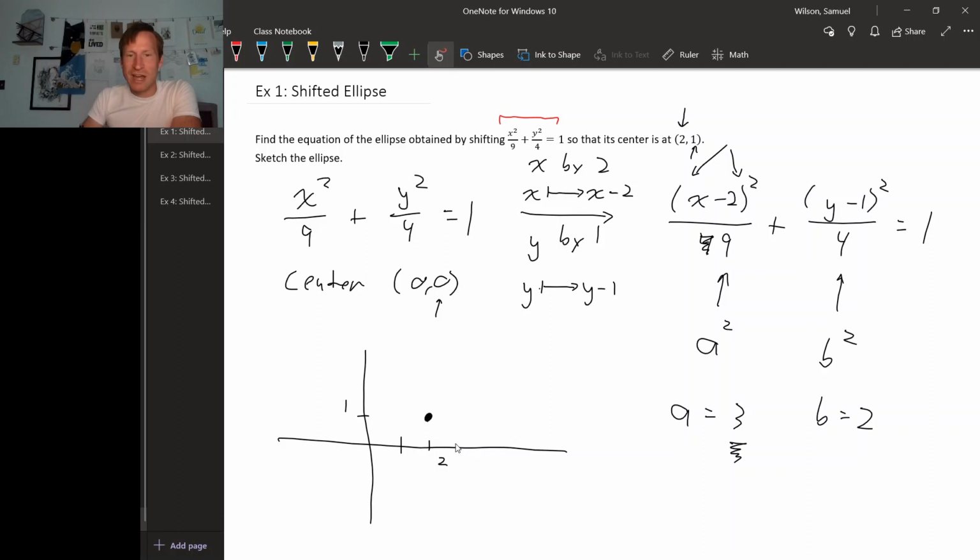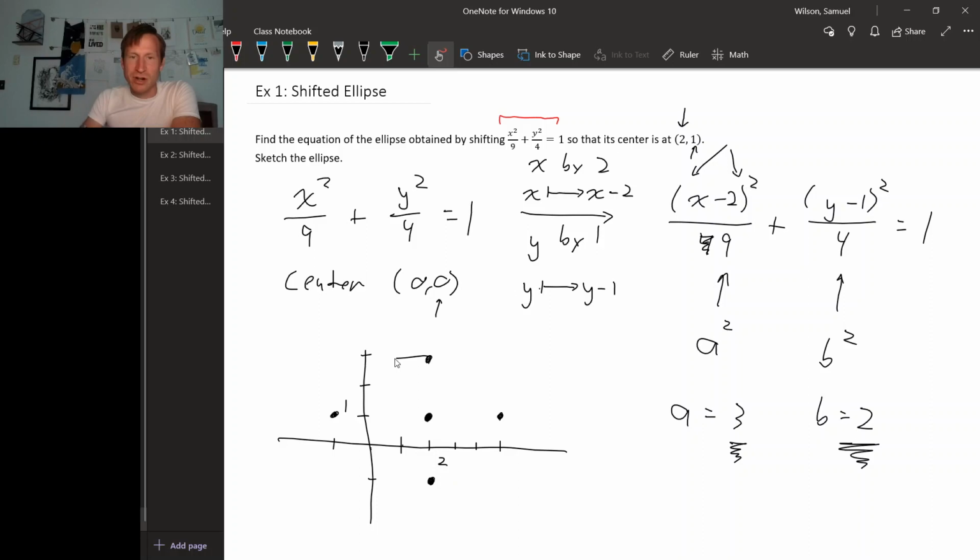So we need to go right 1, 2, 3, so there's one vertex, and left 1, 2, 3, there's the other vertex. And then from the center of the ellipse, we need to move up and down 2. So up 1, 2, there, and down 1, 2, there.